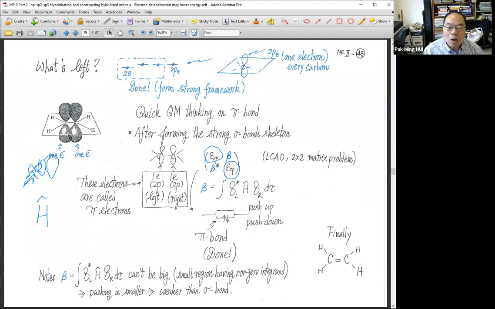What will be pushing these two atomic 2p levels up and down will be the off diagonal elements, with pz on the left, whatever the Hamiltonian in the middle, and pz on the right, do the integral. So that will be the determining factor.